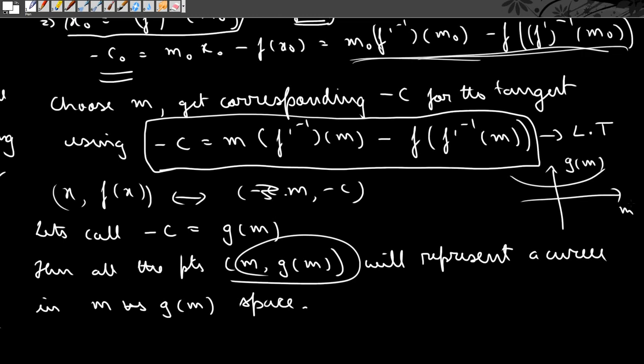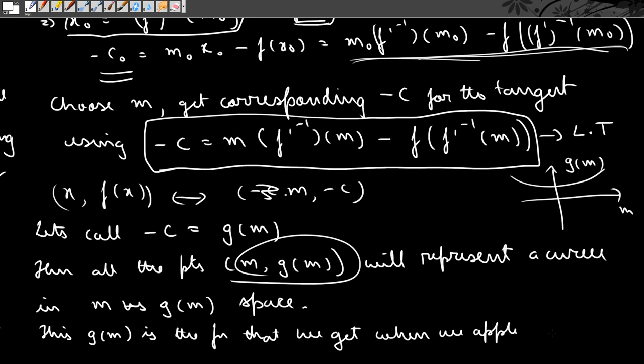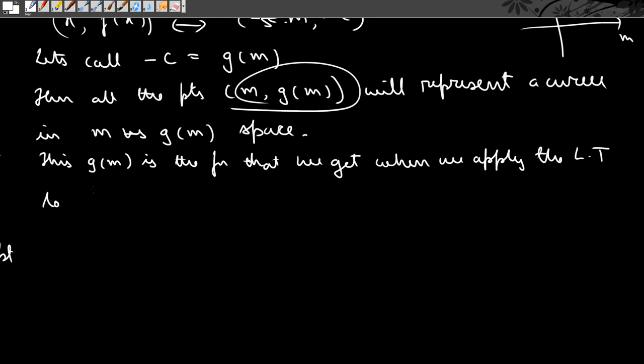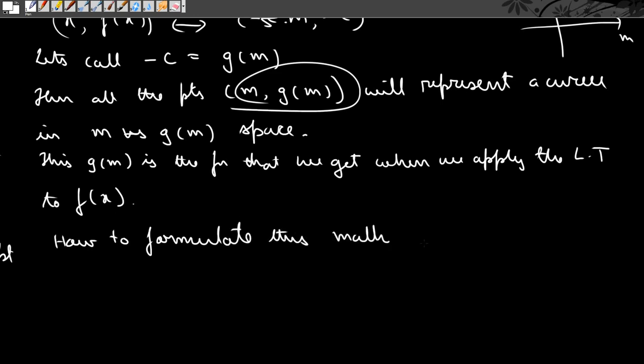So this g of m is the function that we get when we apply the Legendre transform to f of x. So then how do we formulate this mathematically?